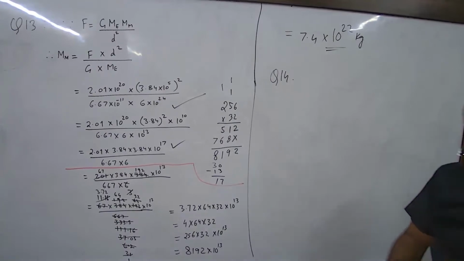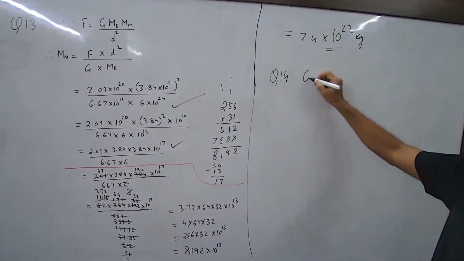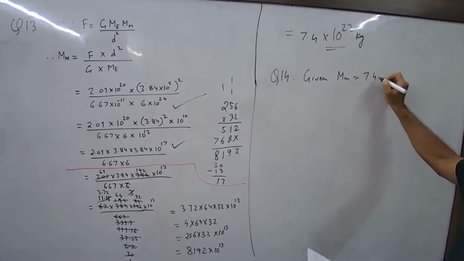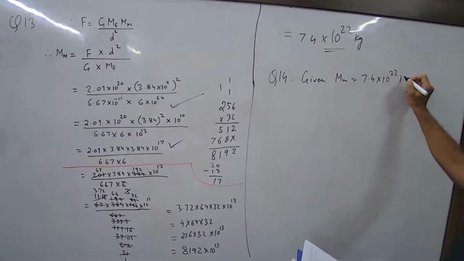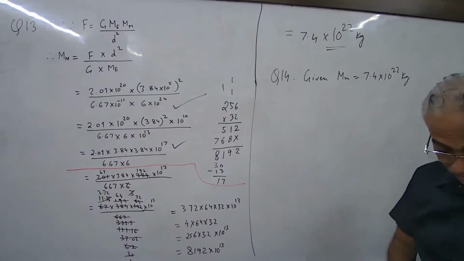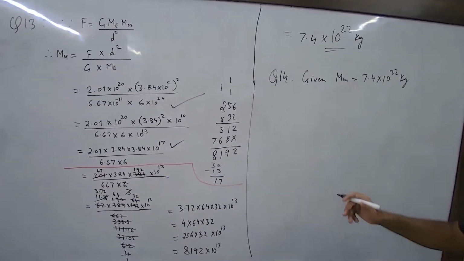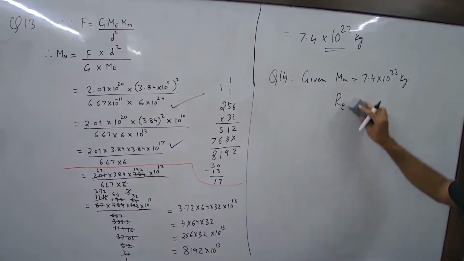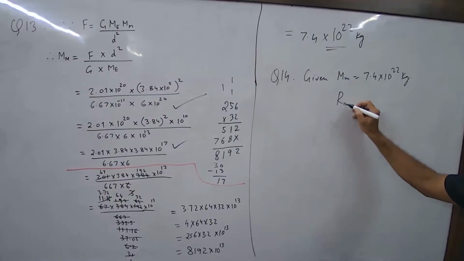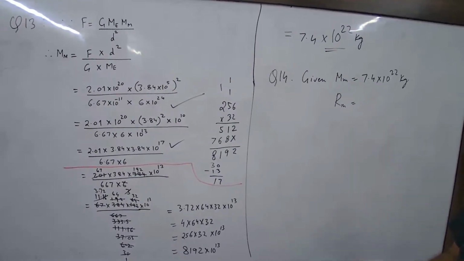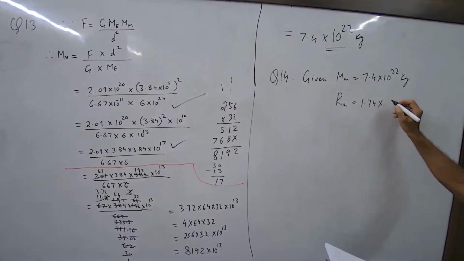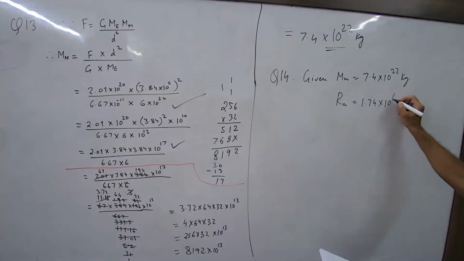Mass of the moon given is 7.4 into 10 raised to 22 kg. Then the radius of moon, what is the radius of moon? 1.74 into 10 raised to 6 meter.